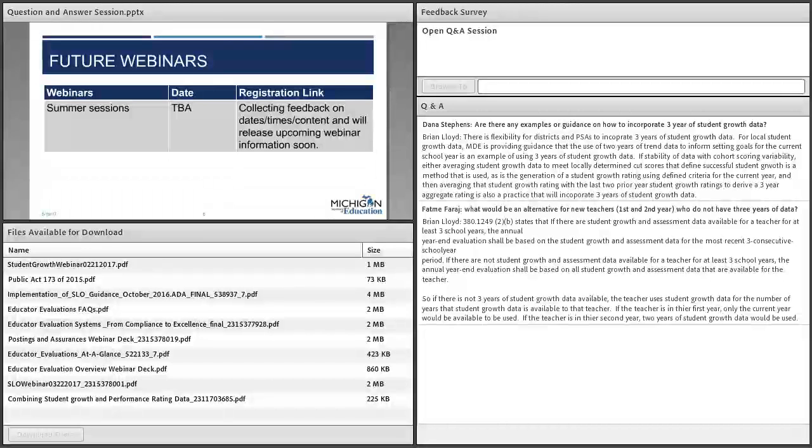It's possible that districts can allocate more than 25% for annual year-end evaluation, but most districts across the state are following the language of the law that mandates 25% for this school year, 2016, and for next school year, 2017, that 25% of annual year-end evaluation shall be based on student growth data. I hope that answers that question, and please let me know if you'd like some more clarification on that.